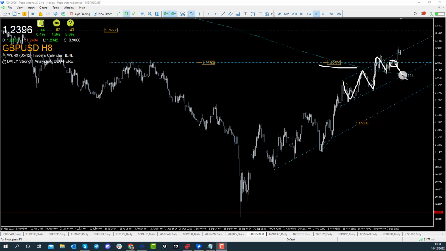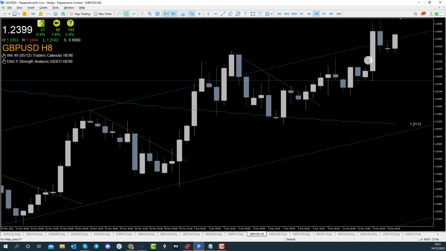Maybe a move back down to the range lows where we could expect then a continuation to the upside. However, instead of doing that, if we zoom in, we can see that price consolidated around the 1.2250 handle, which is just in here, and then we've accelerated to the upside. Now that was because of the US CPI data.